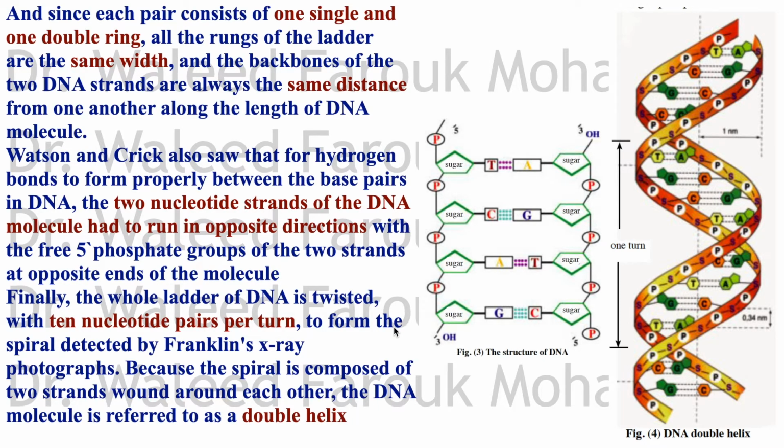And the whole ladder of DNA is twisted with 10 nucleotide pairs per turn, so that it becomes a spiral. That is why it is called the double helix: because it is made of 2 strands of DNA connected in the middle, as you can see here. Okay, I hope you got the maximum benefit from this lecture, and thank you very much for watching.